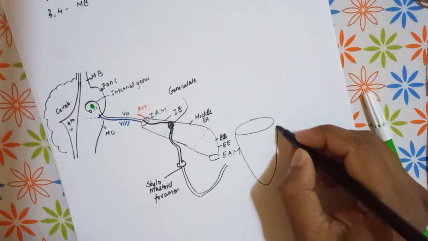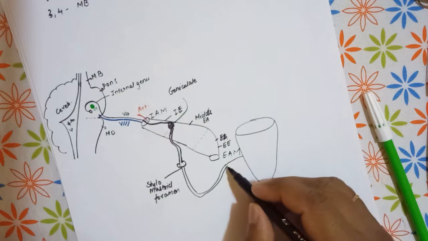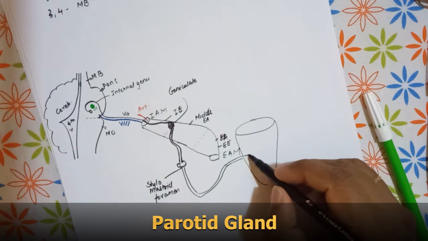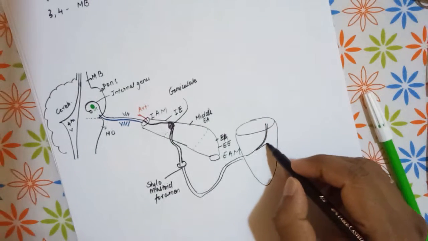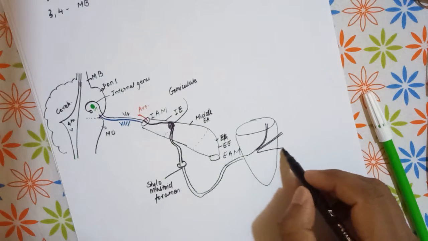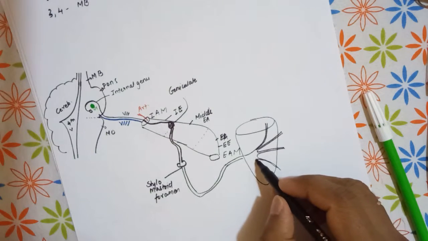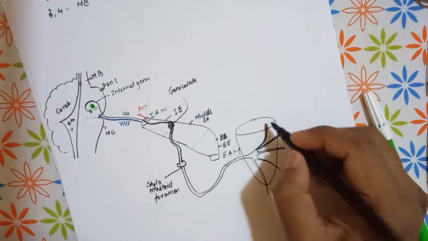This gland is called the parotid gland. So I am just drawing the parotid gland outline. Once it goes to the parotid gland, it divides into 5 branches. So let us say these are the 5 branches of the facial nerve, and this is the termination of the facial nerve.